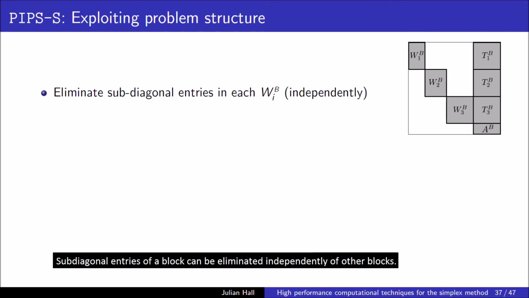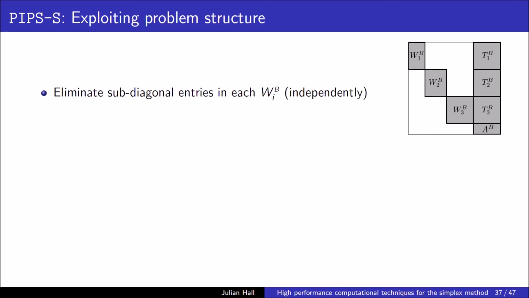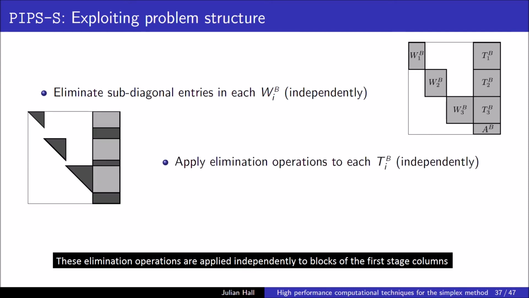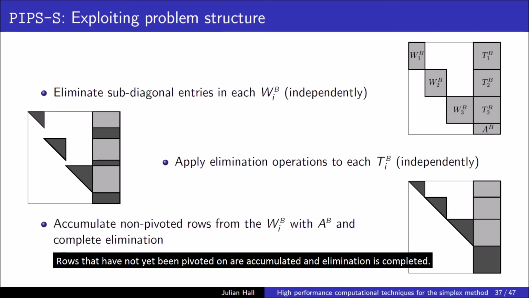Subdiagonal entries of a block can be eliminated independently of other blocks. These elimination operations are applied independently to blocks of the first stage columns. Rows that have not yet been pivoted on are accumulated and elimination is completed.